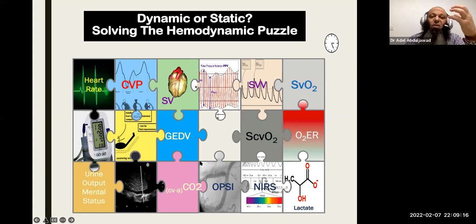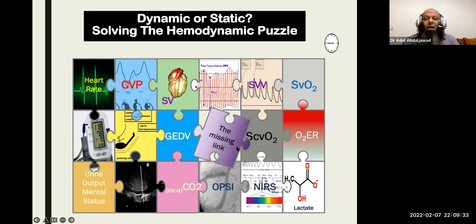Because at the end, if you are managing a patient with undifferentiated shock, it's really a puzzle to identify what is exactly the cause of shock, so I can apply my diagnostic tools, and according to them my management will start. So your role here is to put the missing link in this puzzle, so you will solve it.